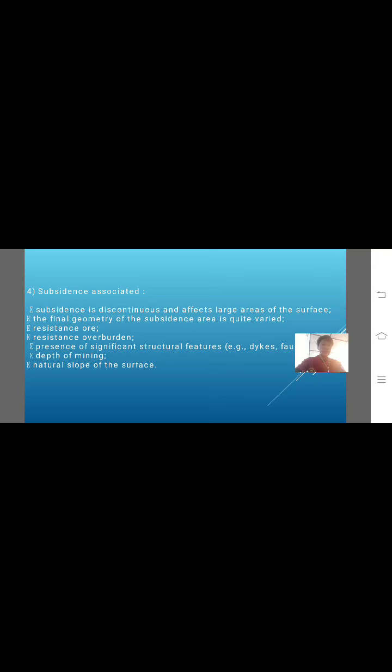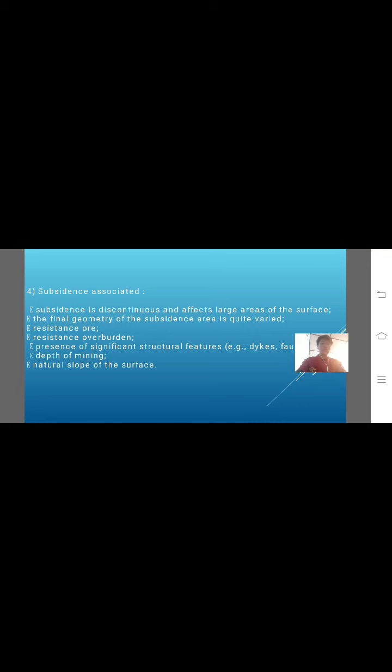Associated subsidence. It is discontinuous and affects large areas of the surface. The final geometry of the subsidence area is quite varied: resistance of the overburden, presence of significant structural features like dikes, faults and folds, and the depth of the mining.